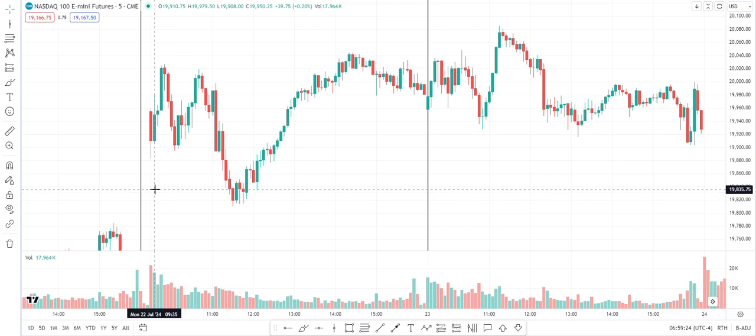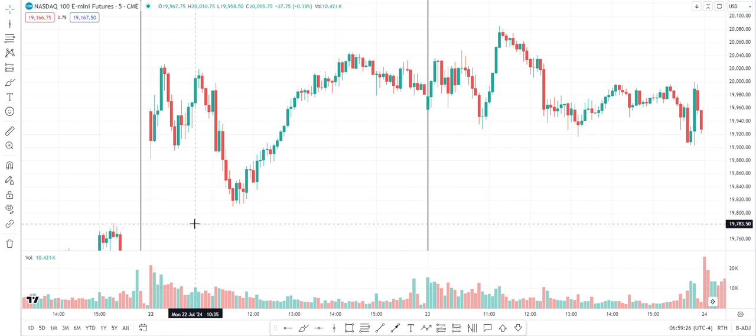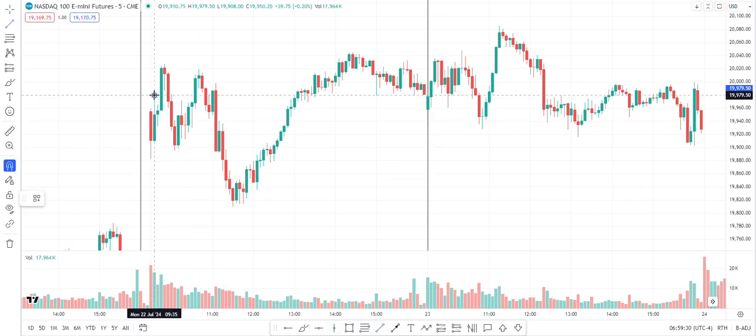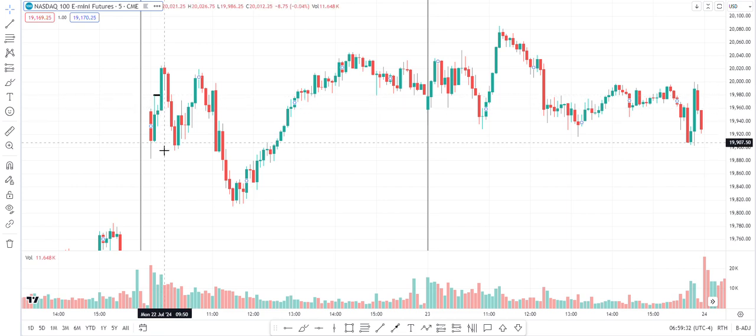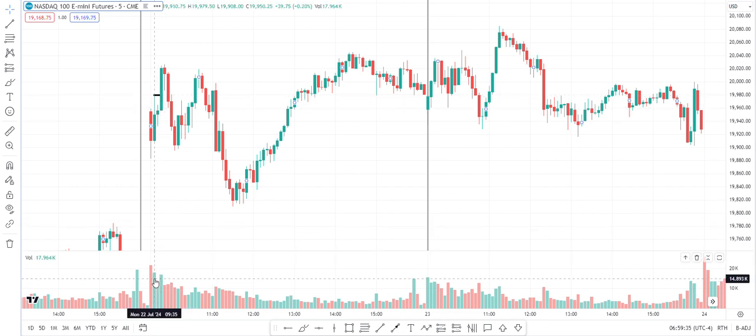So we're looking at every swing high and swing low, and then we're counting back whenever that's broken. Here, for instance, we have a swing high broken. We're counting back 1, 2, 3, 4, 5 candles on the volume chart, and we're checking how high that is compared to the last 5 candles.